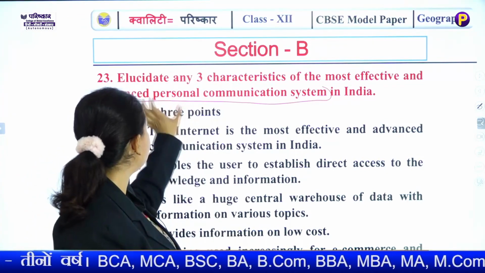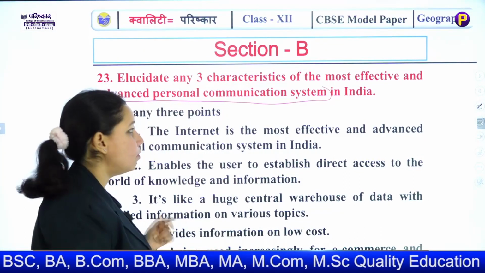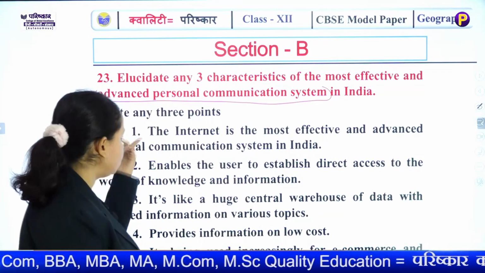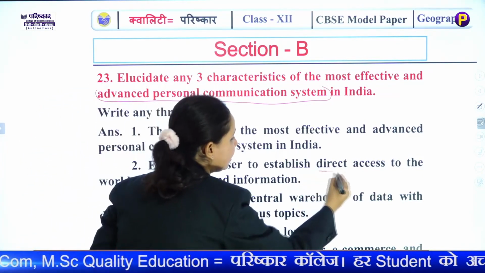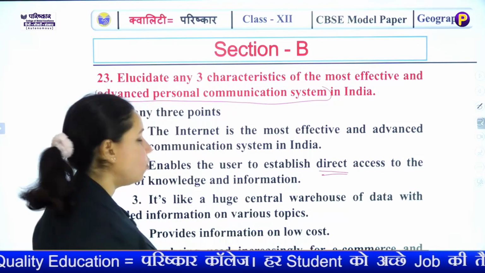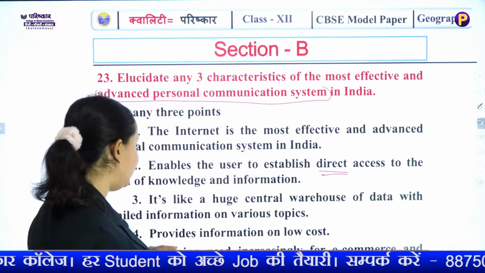So what is it asking about? The personal communication system. The internet is the most effective and advanced personal communication, we all know it.